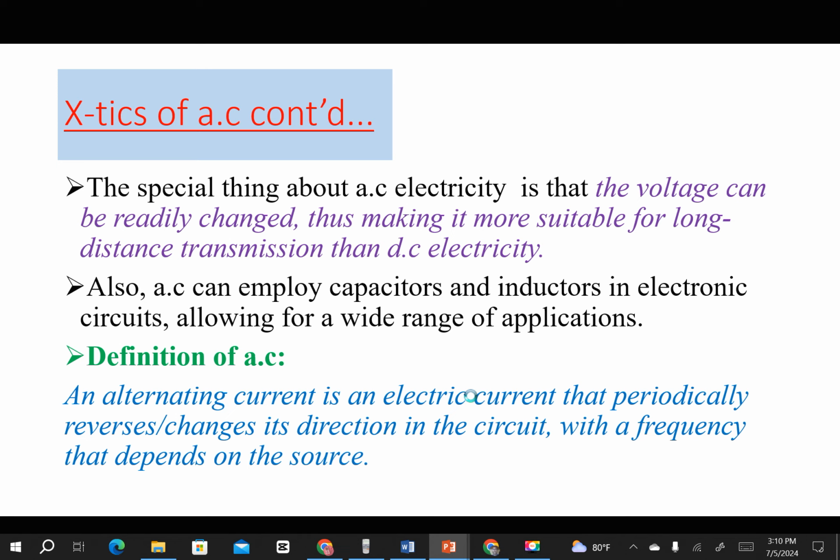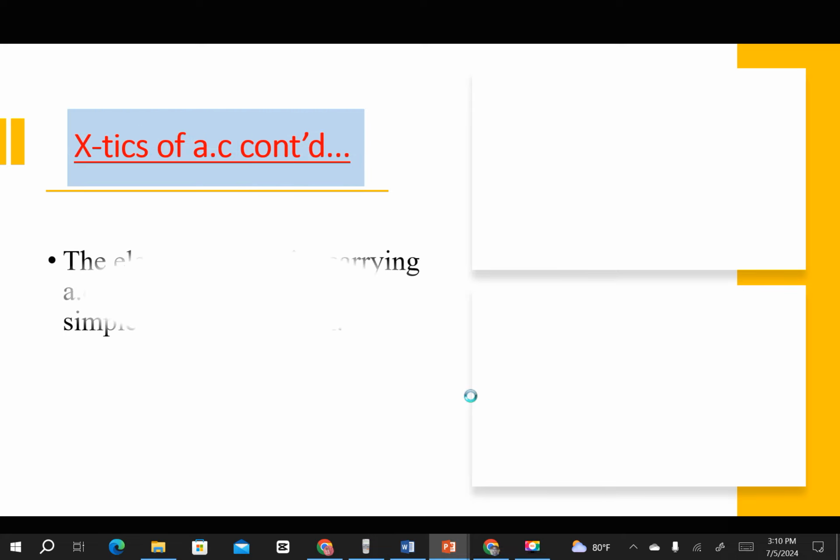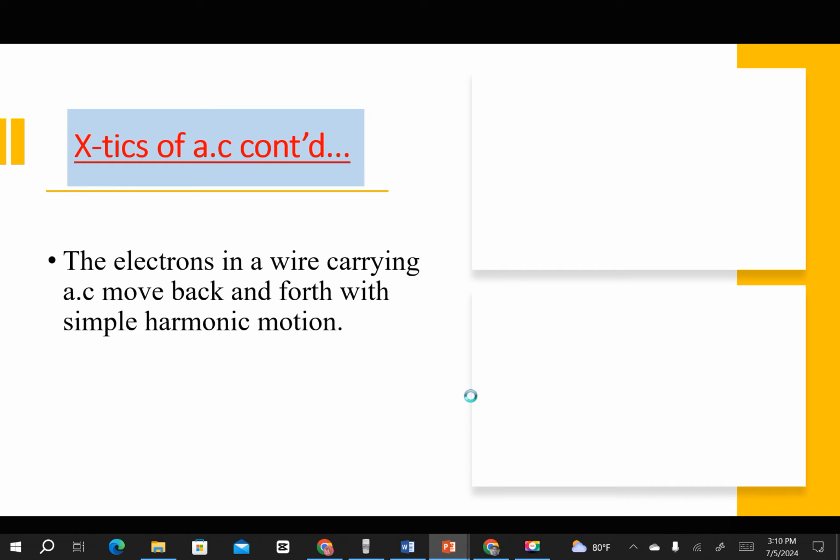In the process, they are performing what we call simple harmonic motion. Our next topic is going to be simple harmonic motion, I think. So alternating current comprises electrons which are moving back and forth, and in the process of doing so, they're transferring energy, and therefore they are performing simple harmonic motion.